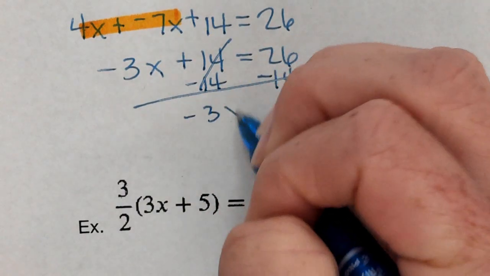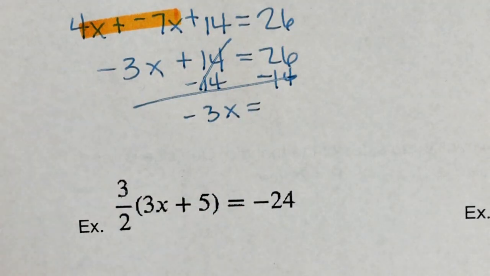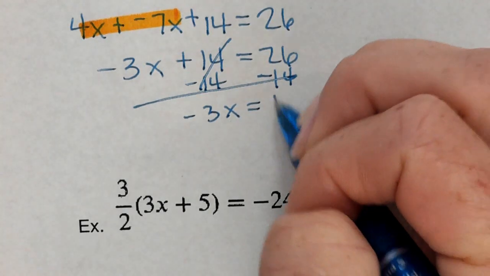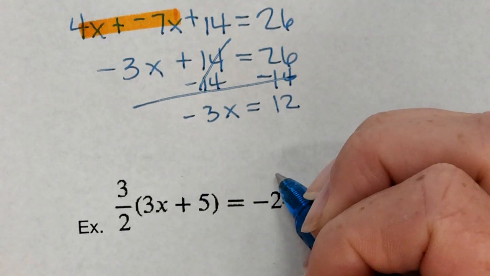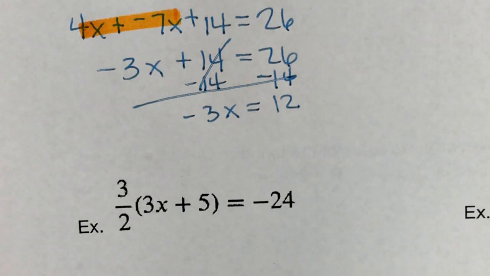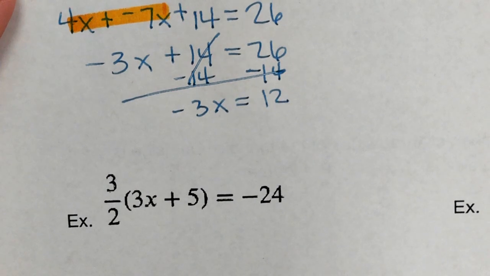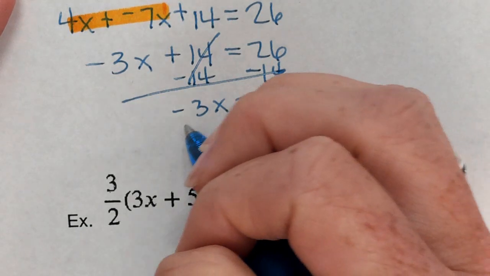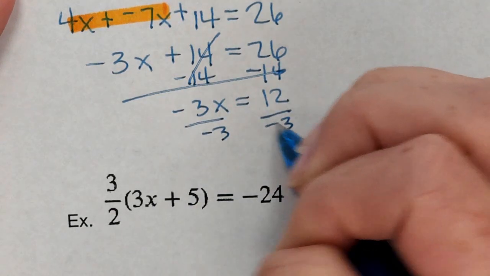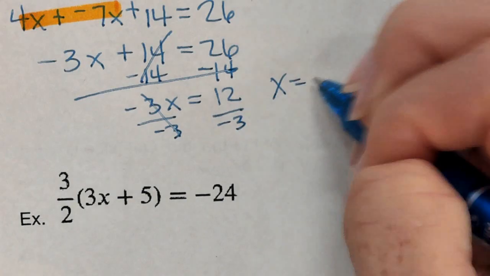So I have negative 3x equals, and 26 minus 14 is 12. How am I going to get rid of the coefficient? Divide by -3. So x is equal to -4.